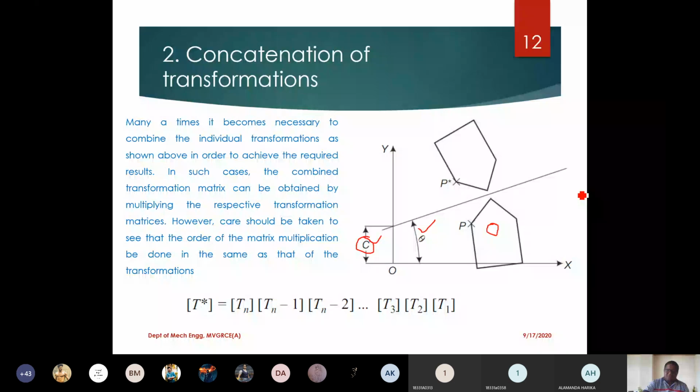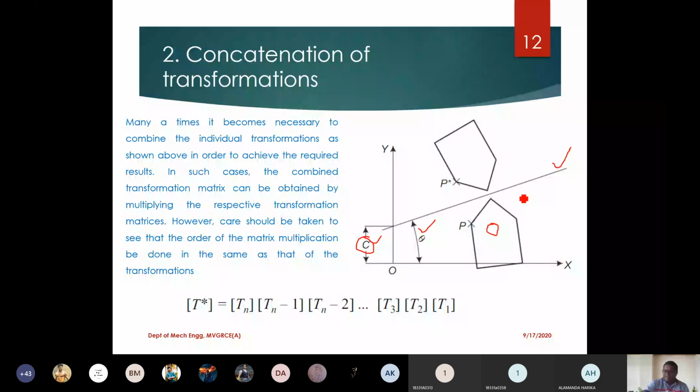So this arbitrary straight line, along with the original object, I have to arrange with certain operations so that this straight line exactly matches the x-axis.